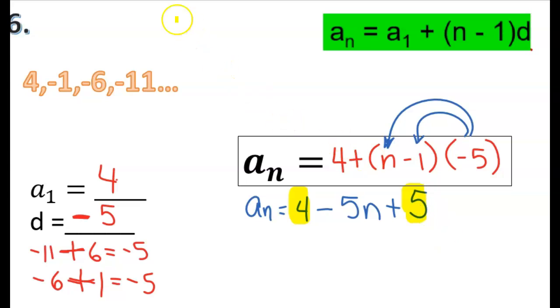Combine like terms. And you can also write the equation basically in y equals mx plus b form.